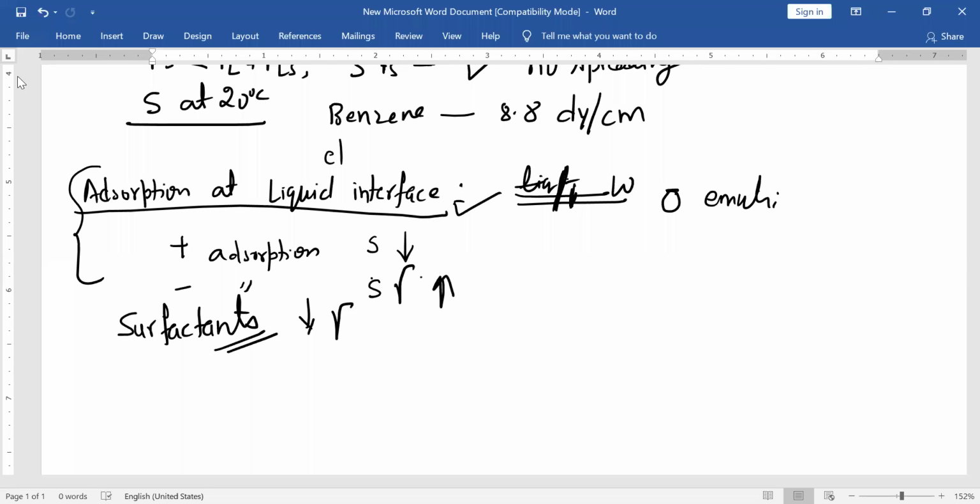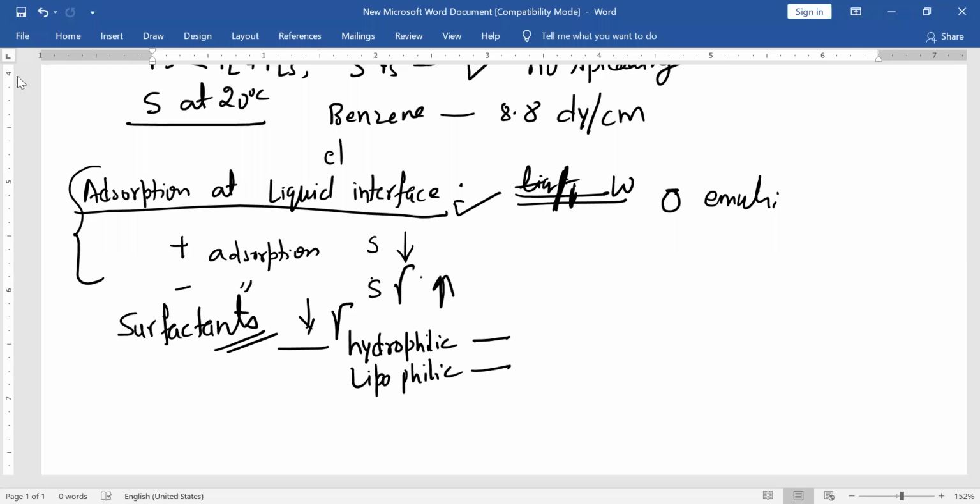Then these surfactants are hydrophilic and hydrophobic, hydrophilic in nature and lipophilic in nature. They are water loving, these are oil loving.